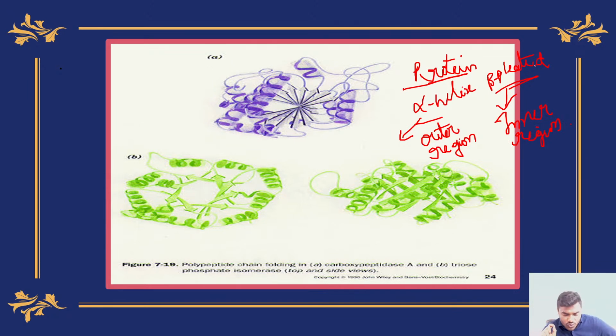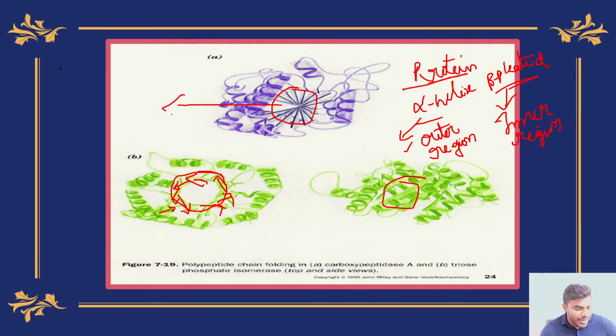Every student has to remember why the beta pleated sheets are not arranged on the outer region. You are all able to see arrow-like structures here. All these arrows we can call beta pleated structures. You can see here beta pleated structures are always buried in the middle. What will be the reason? The ultimate reason is, my friends, they contain hydrophobic amino acids.